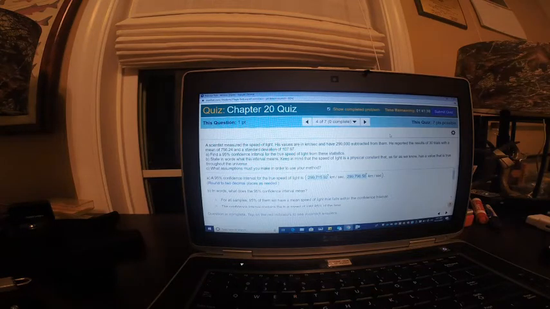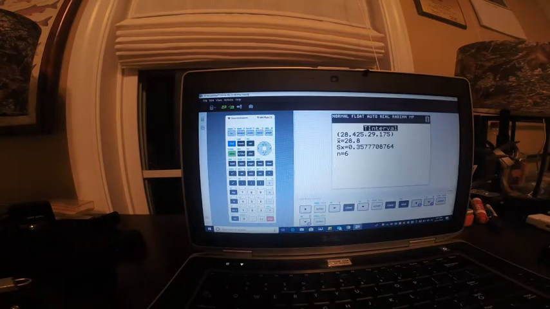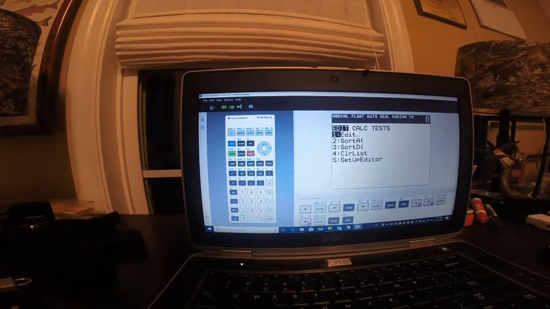A says find a 95% confidence interval for the true speed of light from those statistics. Okay, so 30 trials, mean of this, standard deviation of that, but still no indication of what the population standard deviation is. So we have our sample standard deviation, therefore we're using a t-test. How about that? We're going to go stat test t-interval.